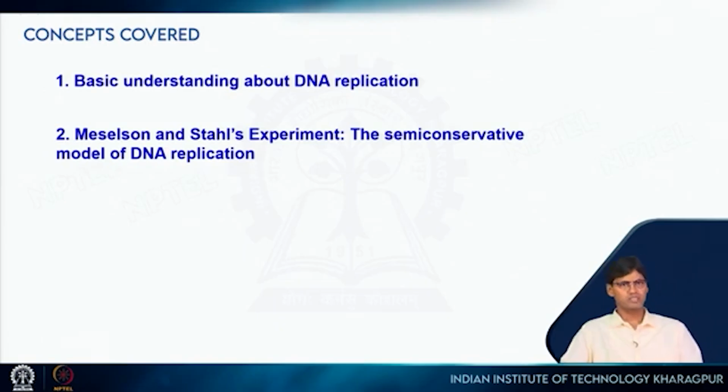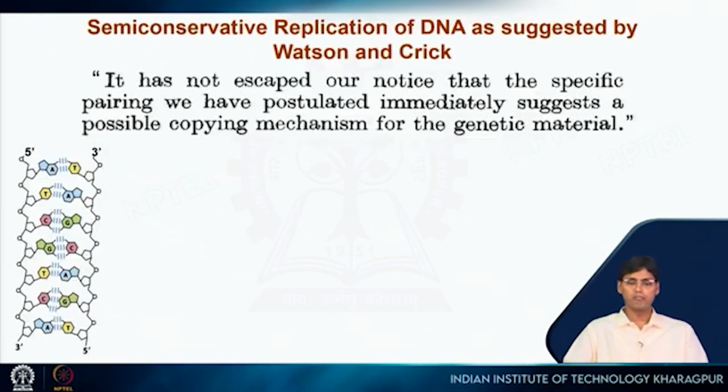Now I will start today's discussion, the basic understanding of DNA replication. The most important thing from Watson and Crick's discovery is their specific base pairing. After the discovery of DNA, many scientists contributed a lot to understanding the overall features of DNA, like how the nucleotides are covalently linked by the phosphodiester bond, and how the nitrogenous bases are attached to the sugar.